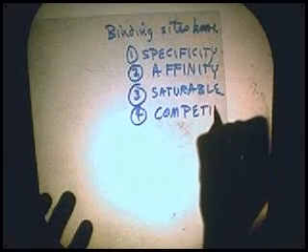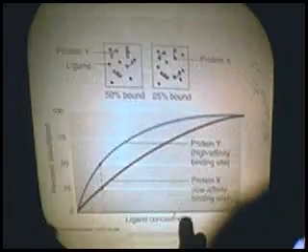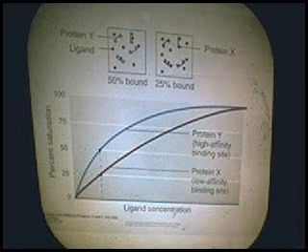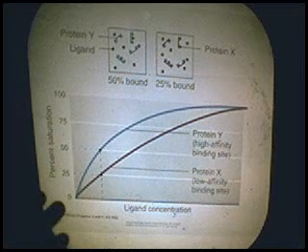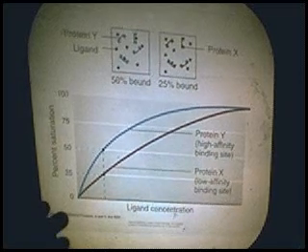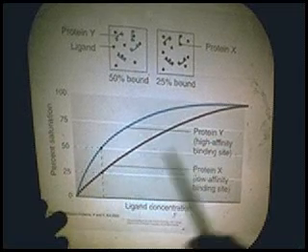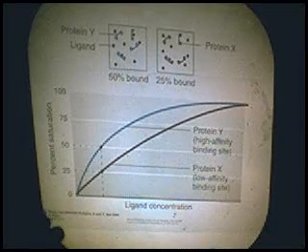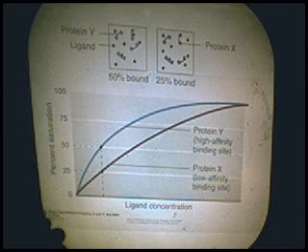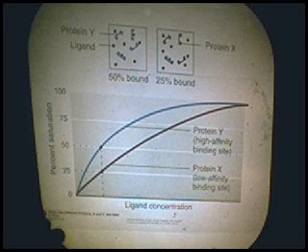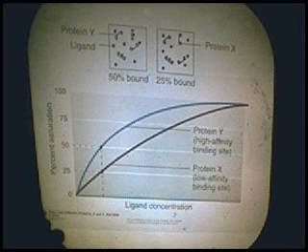So competition is a feature, and this is 3.31, showing that as the ligand concentration increases, you have different rates of bound or saturation of the binding sites depending on which protein you're looking at.